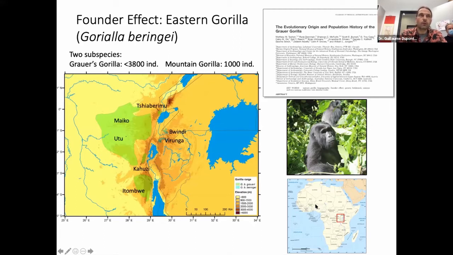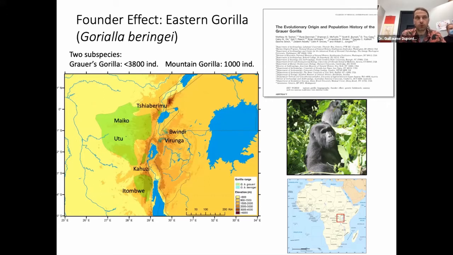And for the Eastern gorilla, there are two subspecies recognized: the mountain gorilla occurring in Bwindi and Virunga, and then the Grauer gorilla, which occurs in this region here in Congo. The Grauer gorilla has a much larger population, recently up to 5,000 individuals, though it is currently going down, and the mountain gorilla is about 1,000.